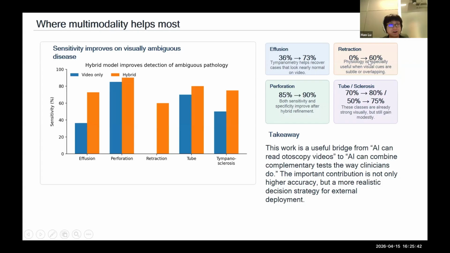The retraction is the hardest part for the otoscope to see, because even though it's a video, it's still very hard to reflect the 3D structure. But with the tympanometry data, we can test the pressure of the ear, so it makes the retraction much easier to detect.